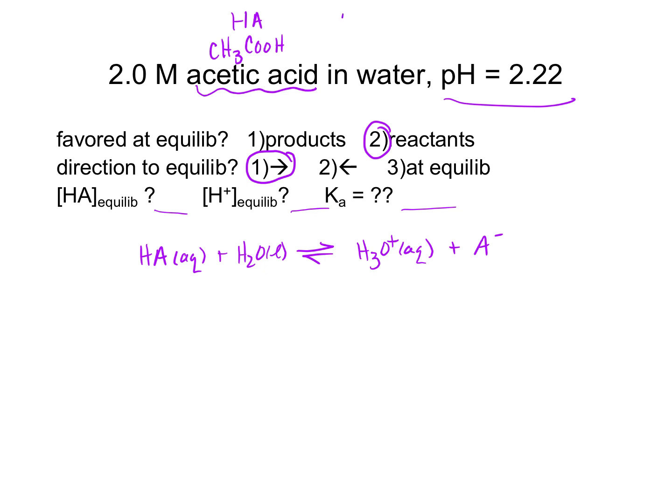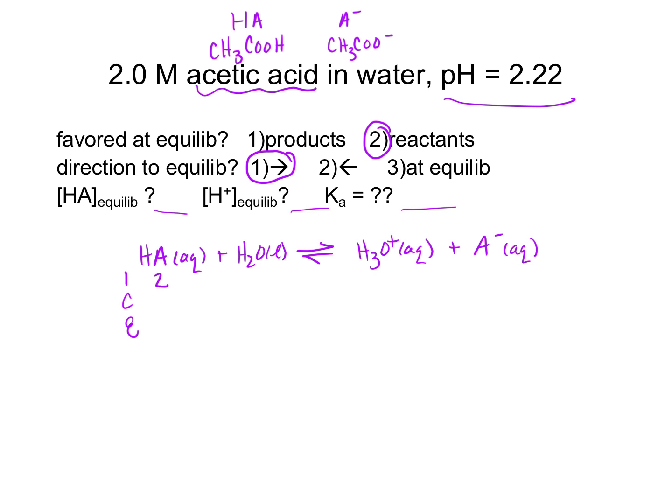And A minus is equal to CH3COO minus. The weak acid HA shorthand can save you a lot of time if you're writing an equation out on the exam, because frankly, at this point, it doesn't matter what they are. This is also aqueous.